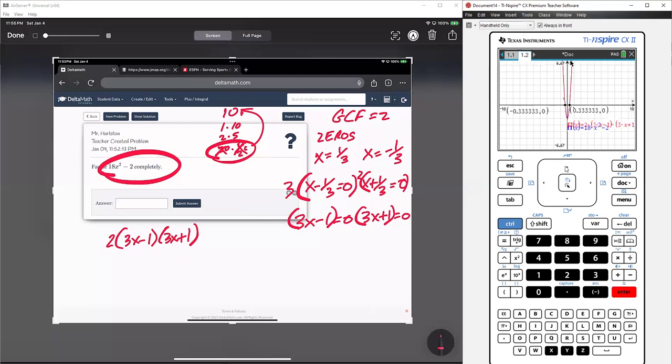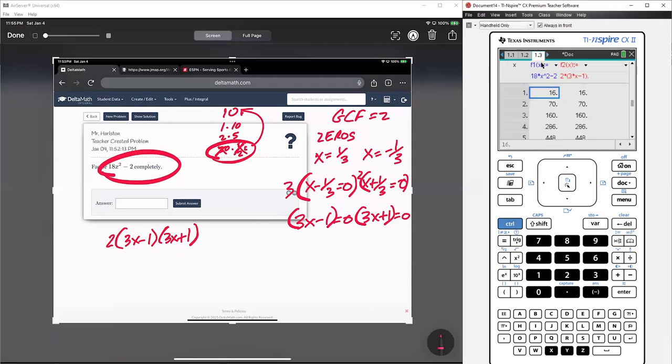Now they look identical, but the best way to check is the table. So I'm going to press Control T and then Control 6, because I just want to look. If these two are the same, the output should be the same for these two functions, and they are. No matter what numbers I put in for x, the outputs are identical. That means these two functions are equivalent, which means the factored and the unfactored are the same.